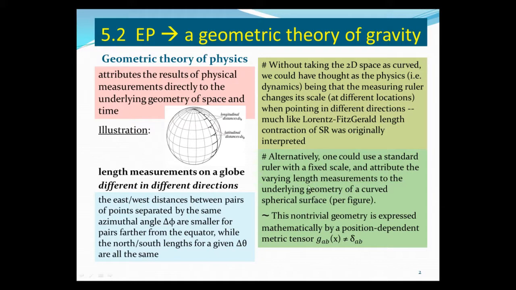This obviously is a much more efficient way of dealing with it. And a curved surface means that the non-trivial geometry is expressed mathematically by a position-dependent metric tensor. It's no longer flat, no longer a constant.